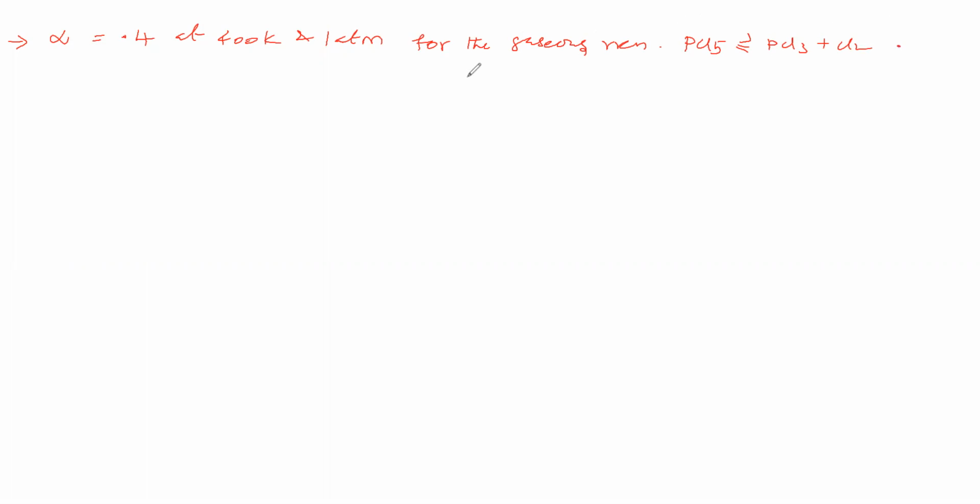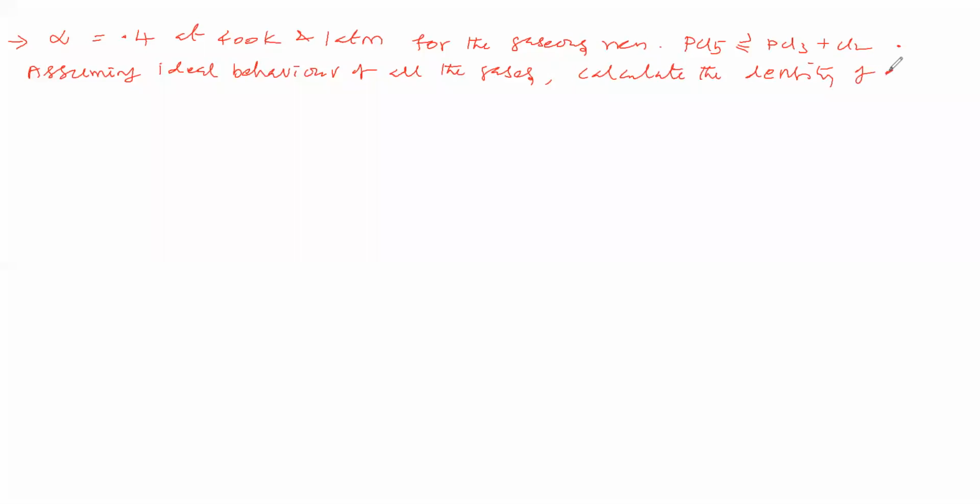Assuming ideal behavior of all the gases, calculate the density of the equilibrium mixture at 400 Kelvin and 1 atmosphere.